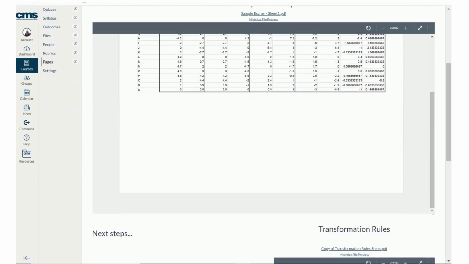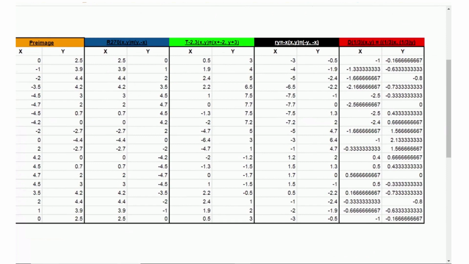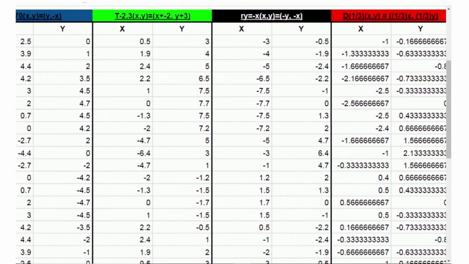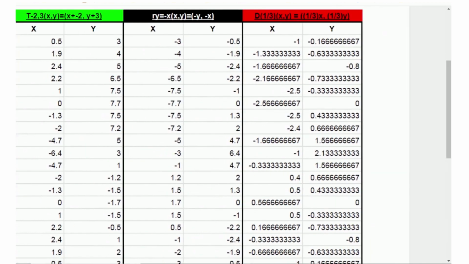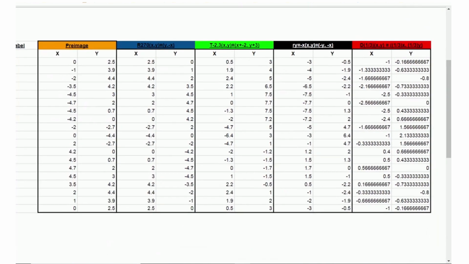Okay, now let's look at the example here that we're looking at. So this is what a final spreadsheet is going to look like when we're done, right? But then what we're focusing on today is the translation here, which is the green, and the dilation, which is the red. We're going to focus on that. Now, in this spreadsheet, translation and dilation is in a different order than how we're going to do it, but that's okay, right?